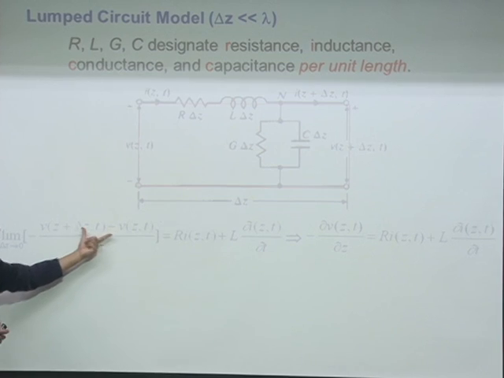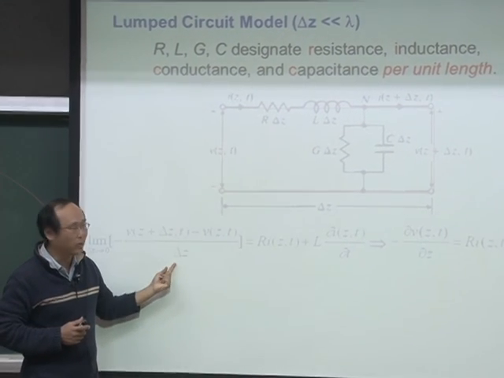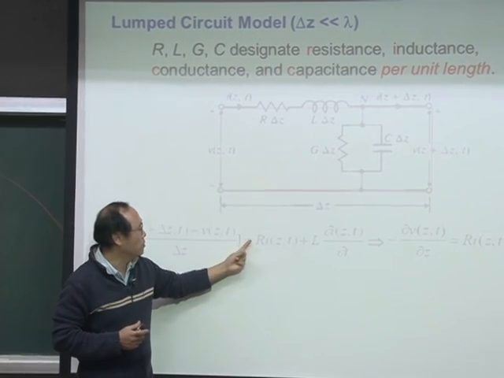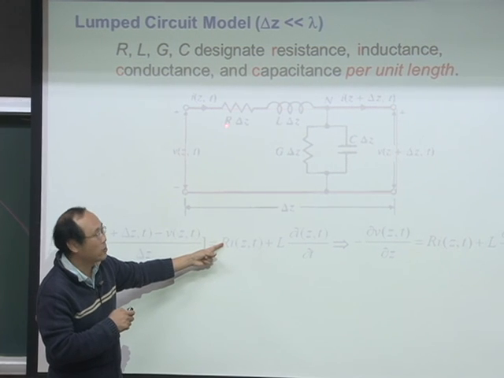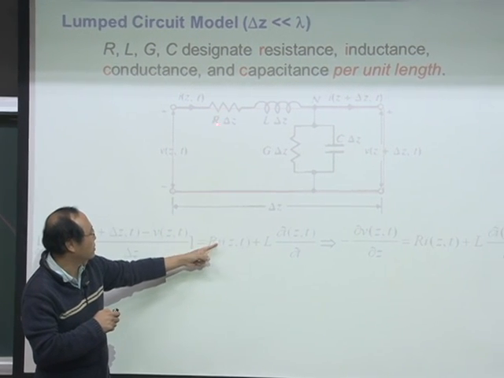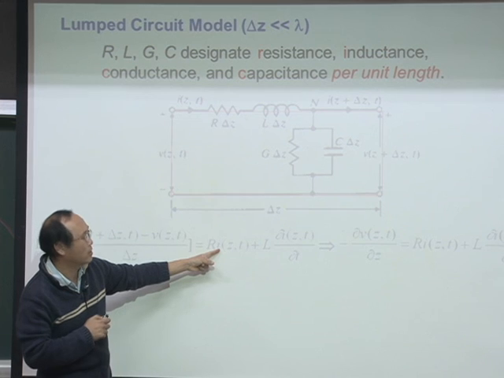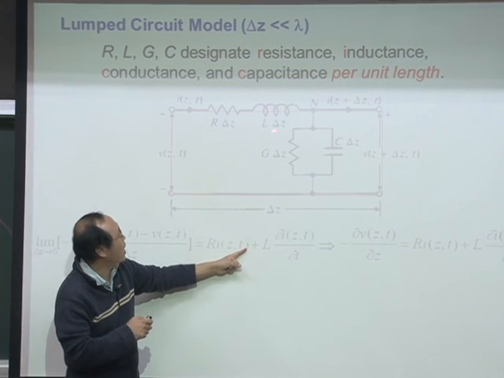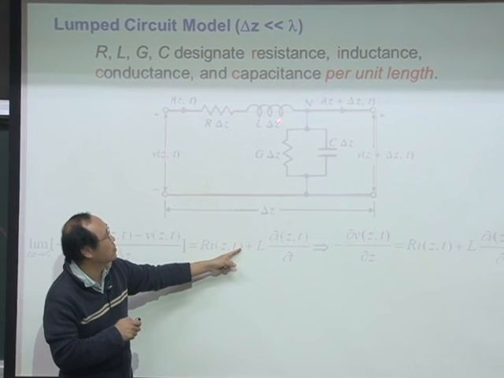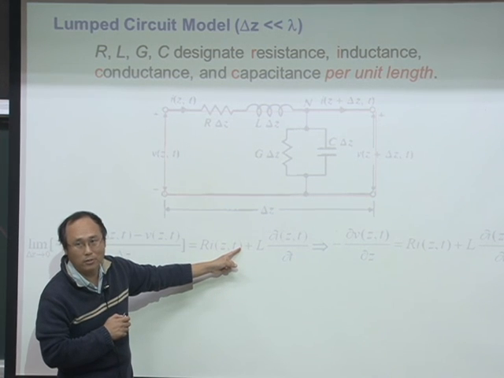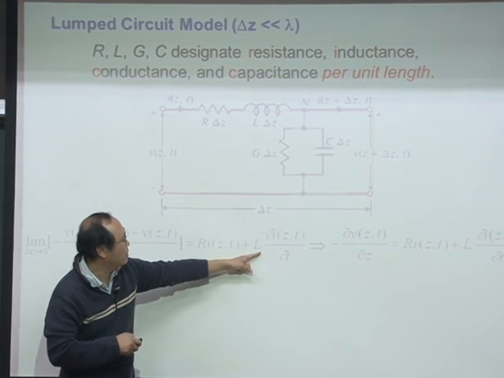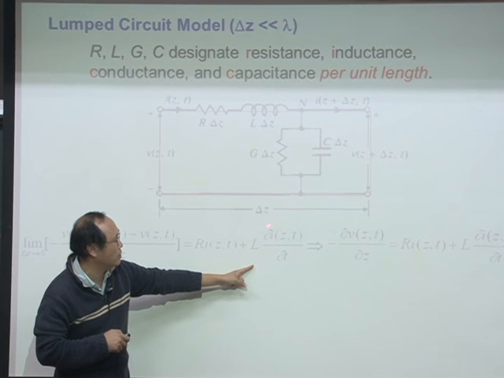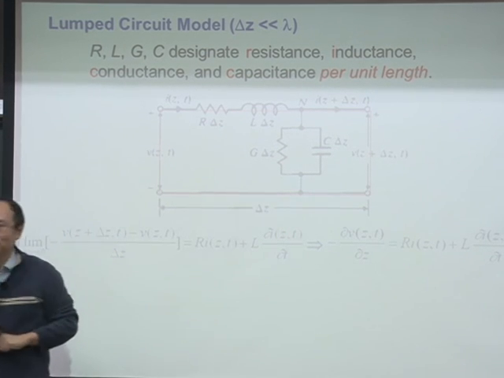So the rise of this voltage per unit length is going to be equal to the resistance multiplied with the current on this line, and plus you have the voltage change due to this inductance. And then the voltage associated with the inductance is this term.